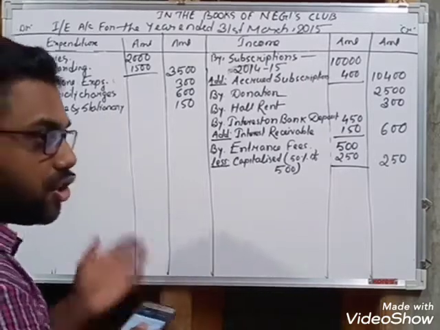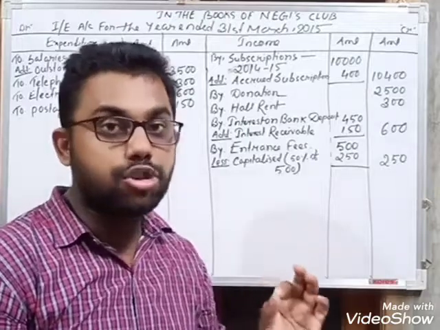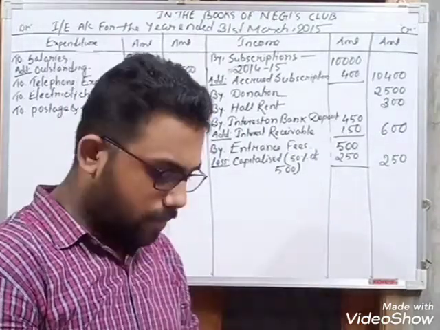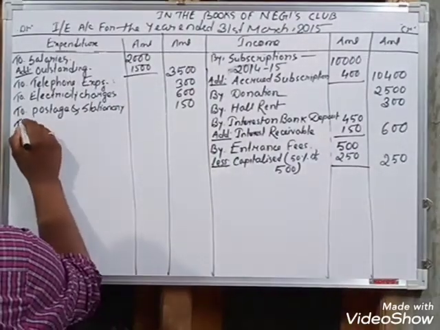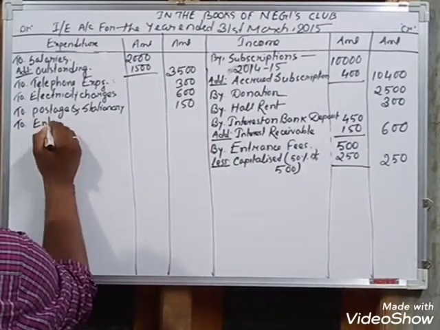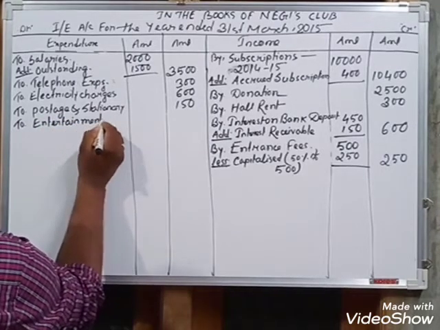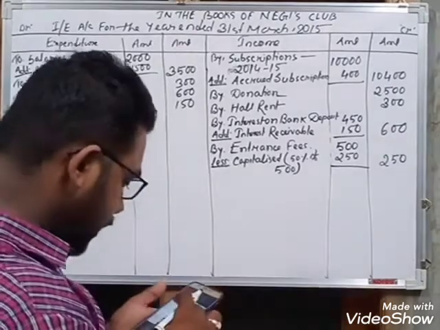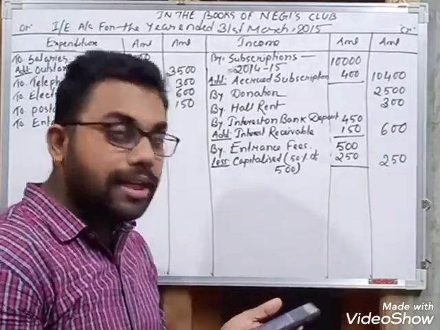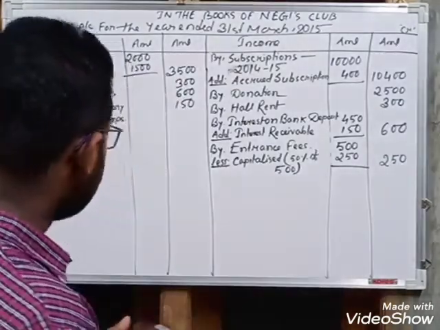Next one is the purchase of books. Purchase of books is an asset purchase because books are used by both members and non-members. Next one is the entertainment expenses. To entertainment expenses. And is there any adjustment regarding that? Yes, adjustment number 2, outstanding expenses. Outstanding entertainment expenses amounted to rupees 500.